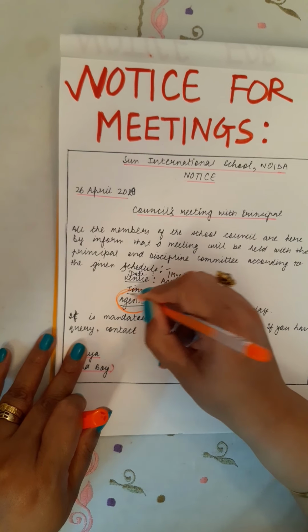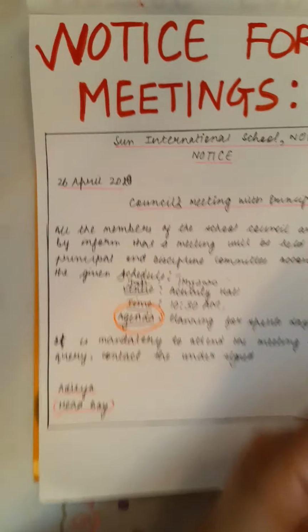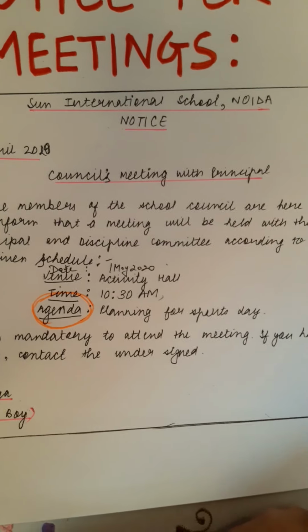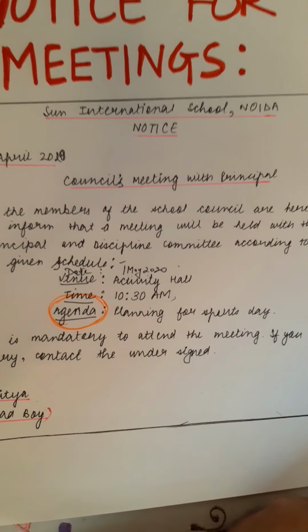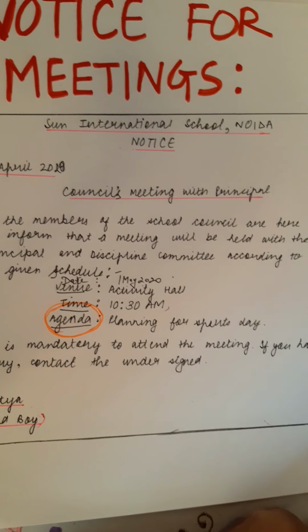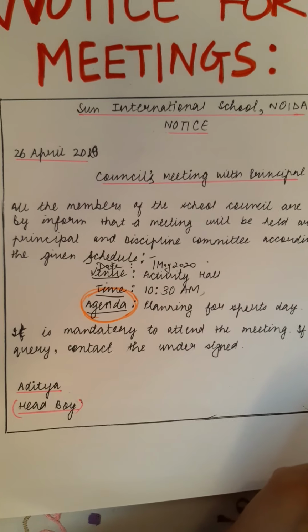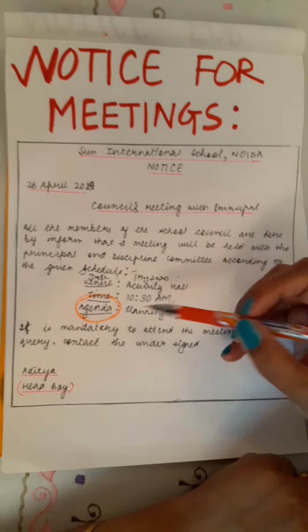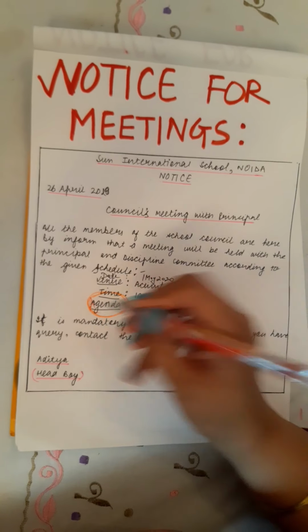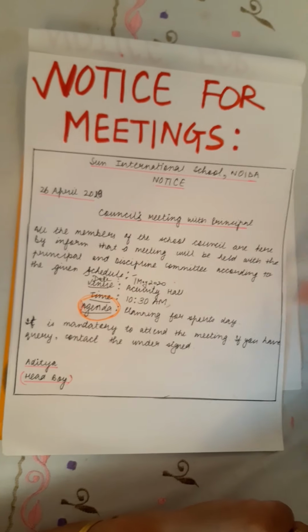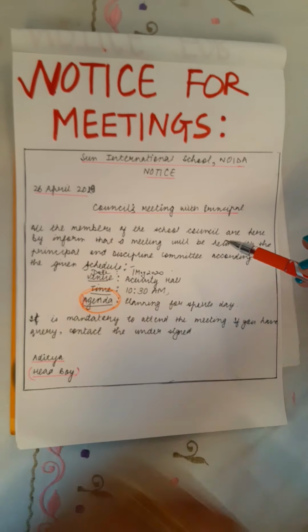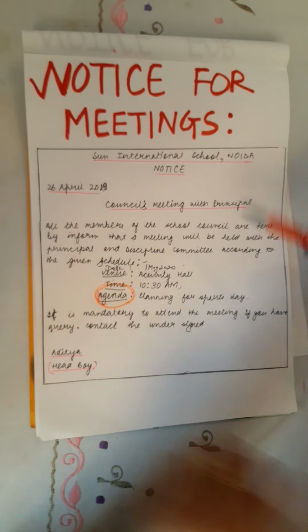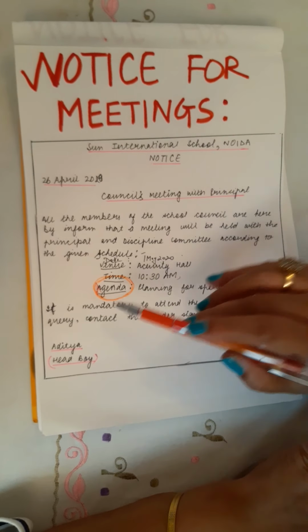This agenda should be written. Agenda means the purpose of holding or conducting such a meeting. So what is the main purpose? What would be the agenda of this sort of meeting? It should be mentioned clearly and separately.